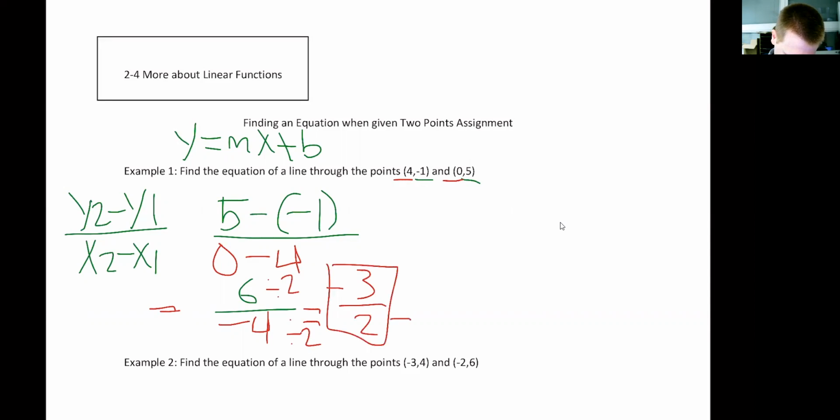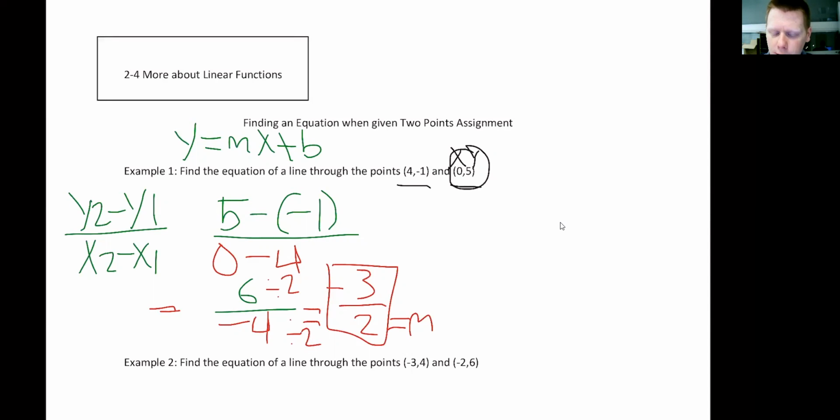So that's your slope. To get our b, we're going to plug in our slope and use one of these points. You could use either one of these points, but personally, this point looks easier to me. It's always nice if you have 0 or if you don't have a negative.